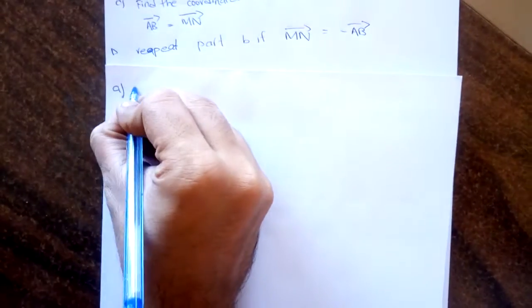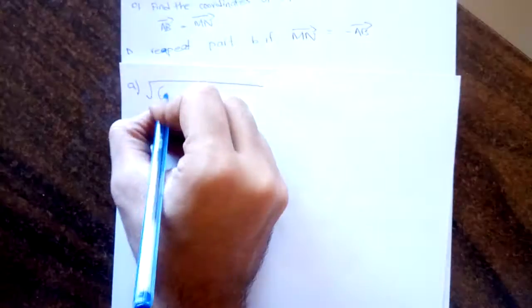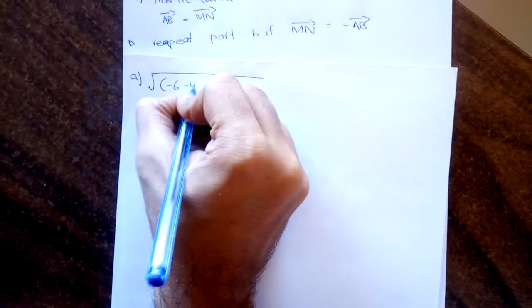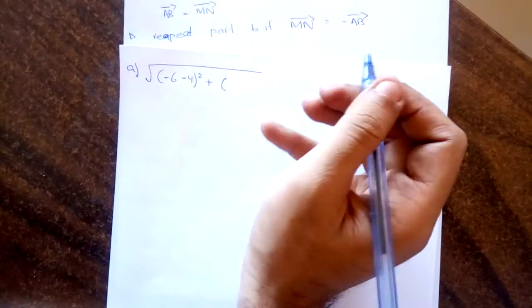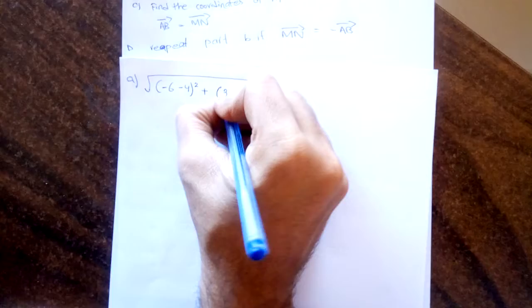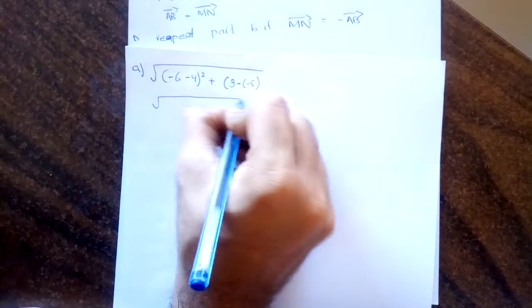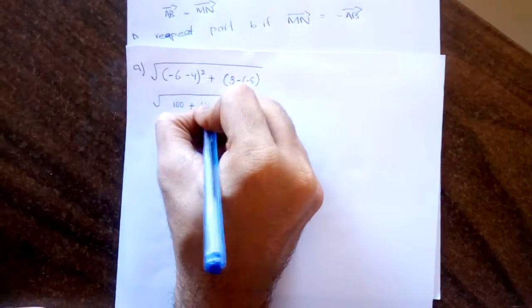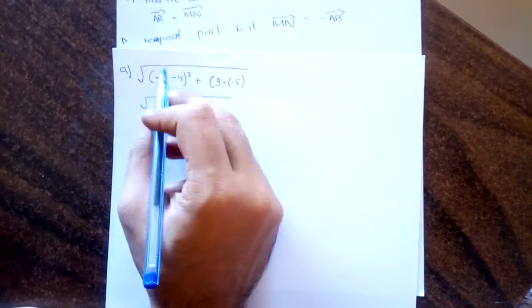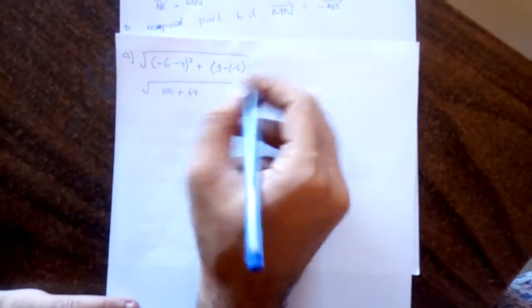So we'll be using the same formula which I told you before. So it will become -6 minus 4 squared plus 3 minus -5 squared, which will become 100 plus 64, because the square of 10 is 100, and the square of 8 is 64.